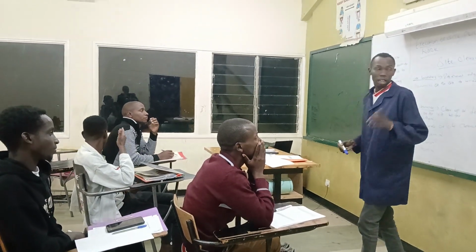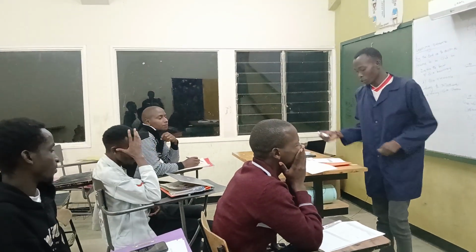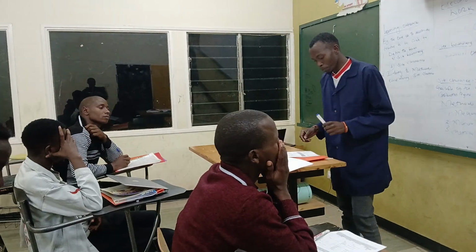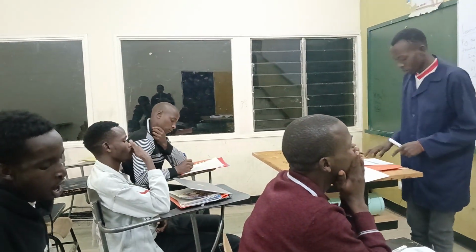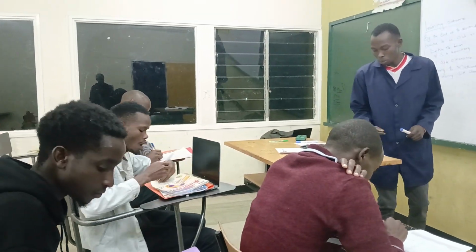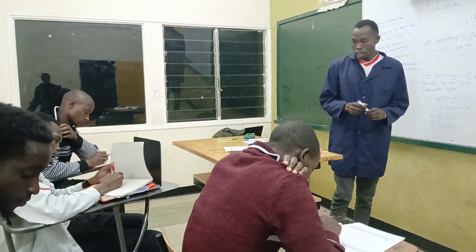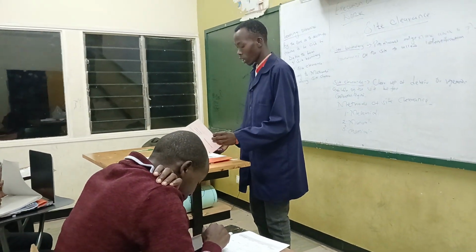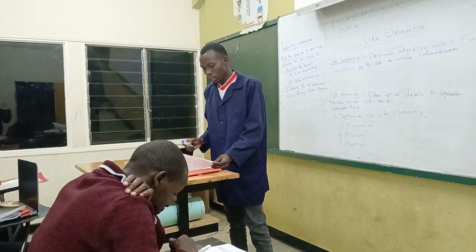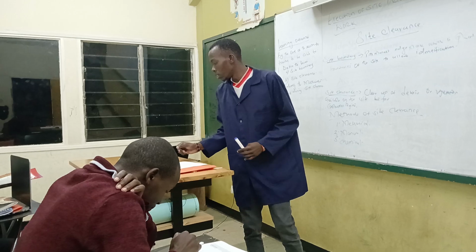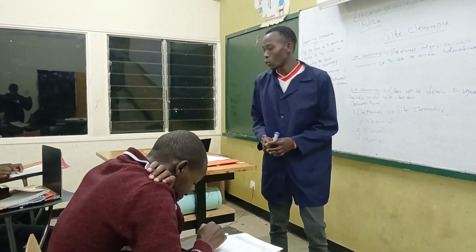Let me complete by giving you a follow-up activity, and I want you to post it in your input folder. I will check; these are 10 marks. Outline the factors to consider during site clearance. That is 10 marks. Write it down and post to me. As you review our topic, write what you have learned and give it to me so that it can be an exit ticket for you.